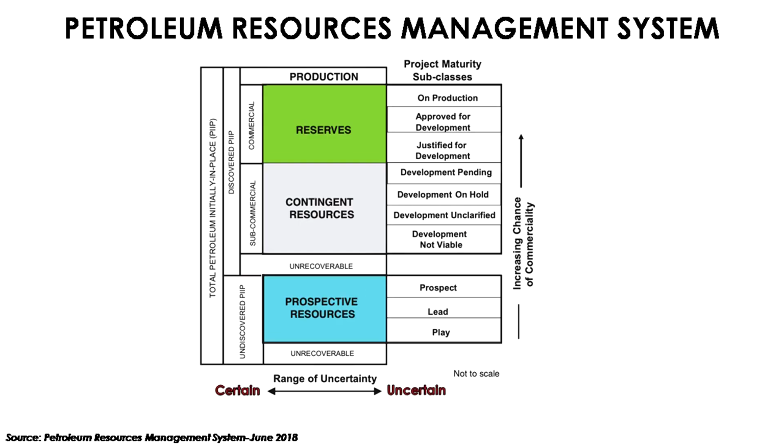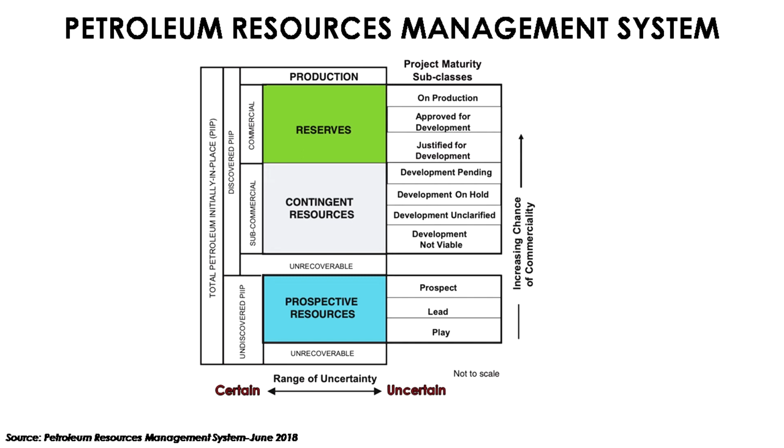They basically divided the resource measurement conditions in two terms. In that table what you see, there is a range of uncertainty that is plotted in the horizontal axis, and then chance of commerciality on the vertical axis.